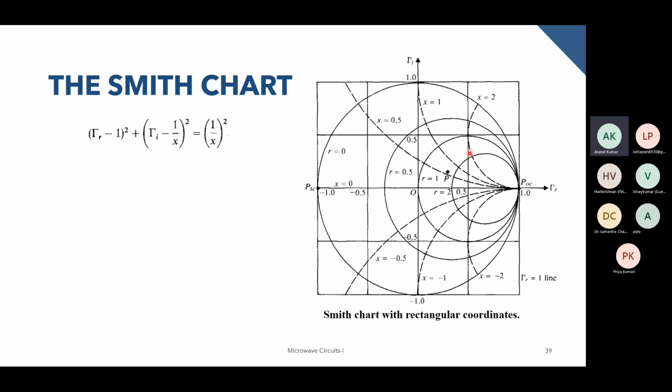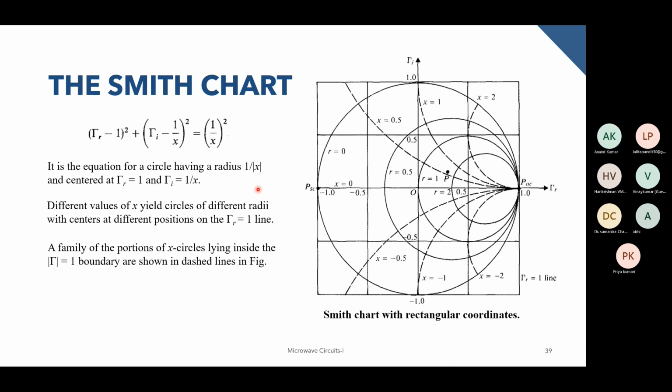The dashed lines are arcs of the circles. They're not completed over here, since we're just looking at everything inside this one big circle, everything inside gamma equal to 1.